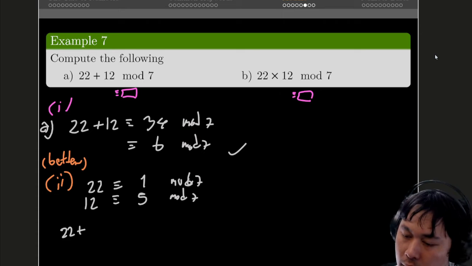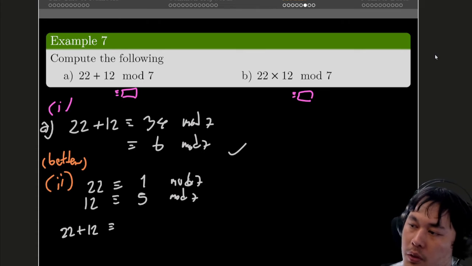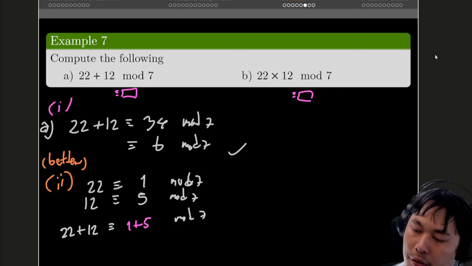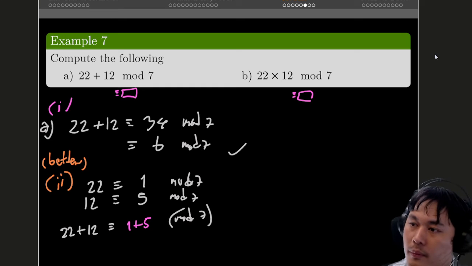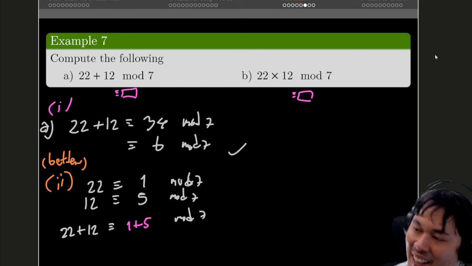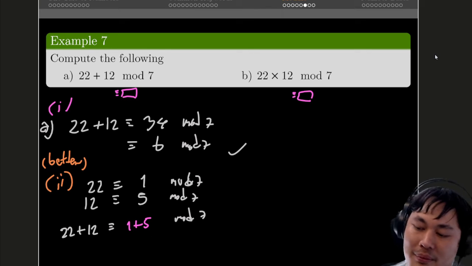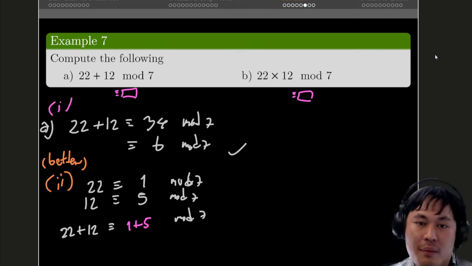And then that means when you add them up, you can add their representation instead. So you can add 1 and 5 instead. I can't stop my habit of putting the parentheses around the mod. So you can add the smaller numbers instead.